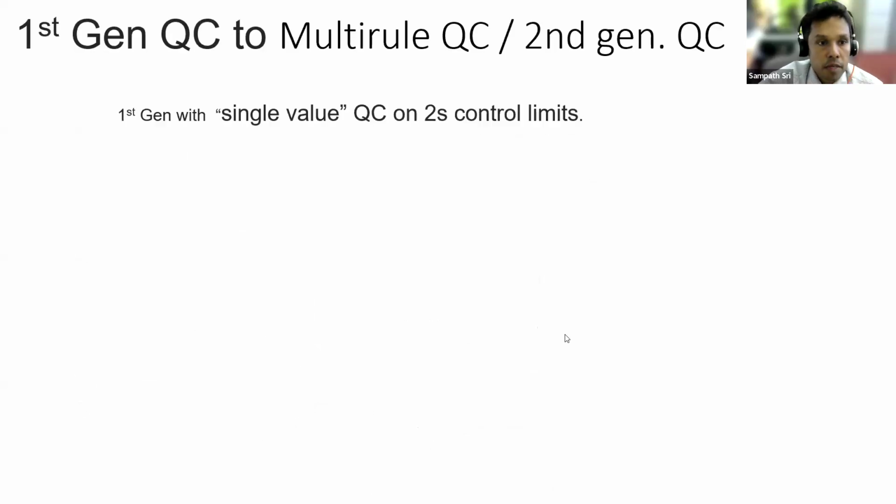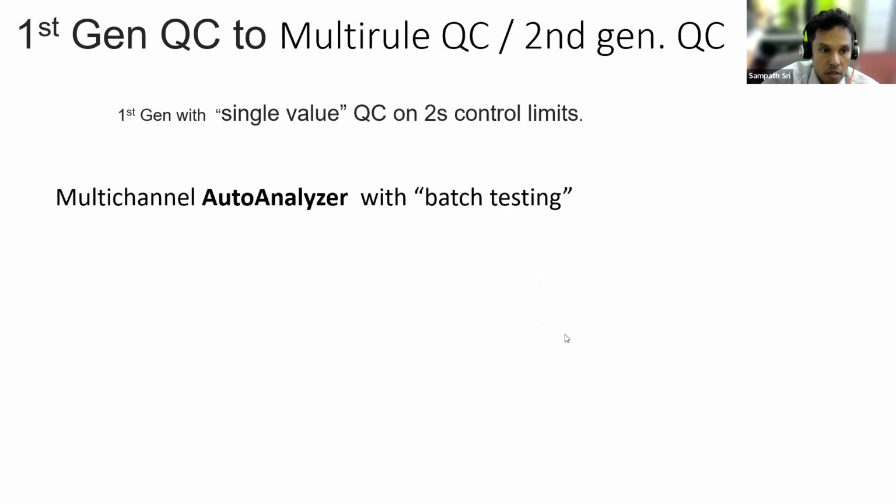In the beginning, in first generation QC, they used single-value QC with a 2S control limit. But now we have multi-channel auto analyzers. We do a lot of testing per day and use a lot of controls.